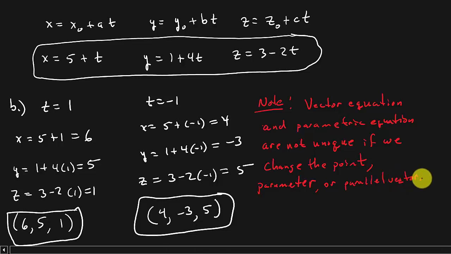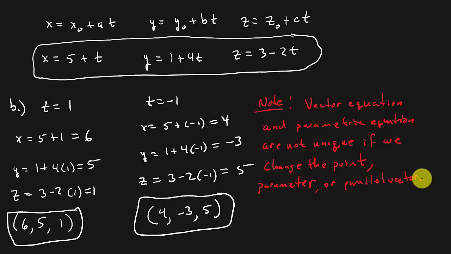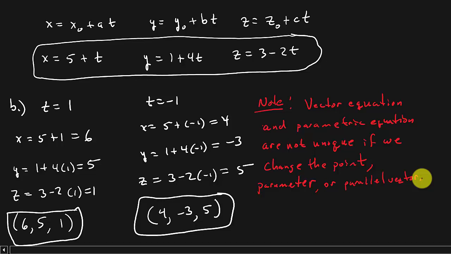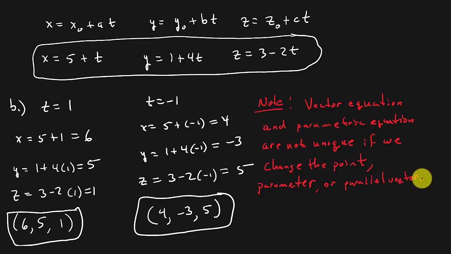Okay. So basically what we've got here, and I'm not going to go through it. If we change the point or the parameter or choose a different parallel vector, because there's more than one vector that's parallel to that line. I mean, it doesn't have to necessarily start at 0, 0, 0. We can move it anywhere.